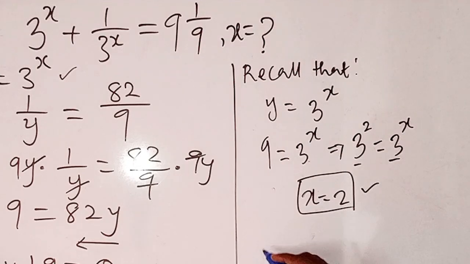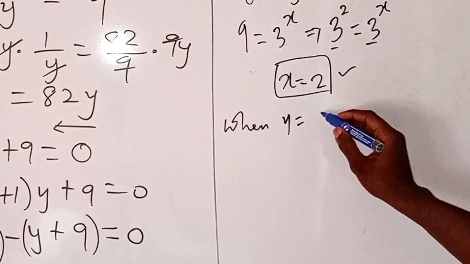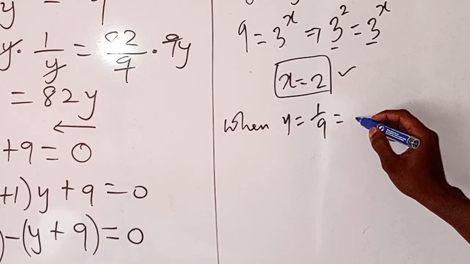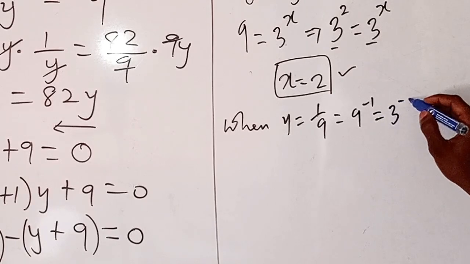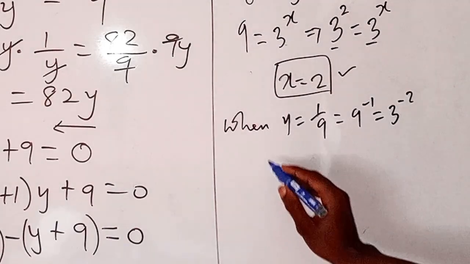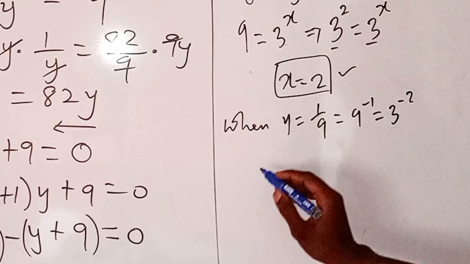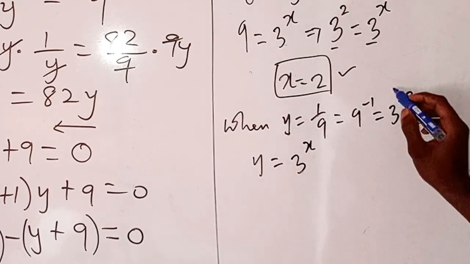So now when y is 1 over 9, you know that 1 over 9 can be written as 9 to the power of minus 1, which is now 3 to the power of minus 2. That is from the law of indices. So now y equals 3 to the power of x, and we are having y to be this.